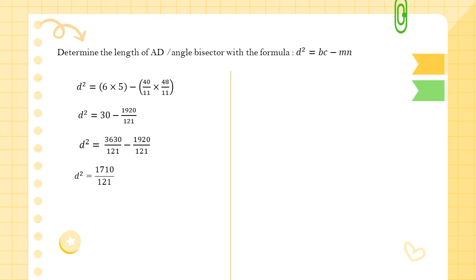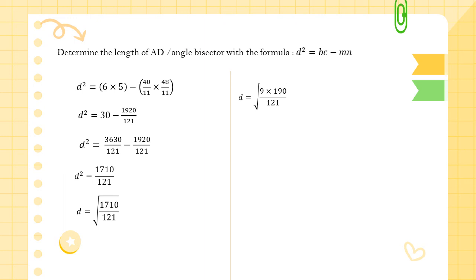Then we change the square to the form of root, so D equals root of 1710 divided by 121. D equals root of 9 times 190 divided by 121.